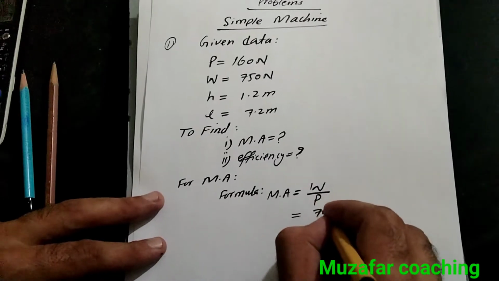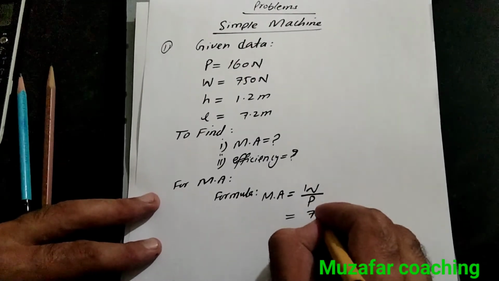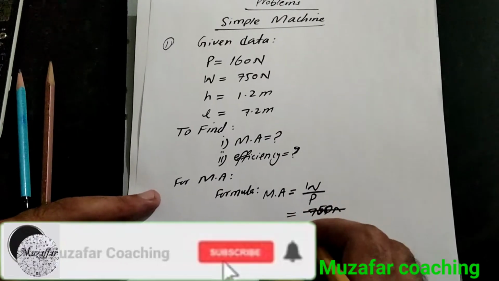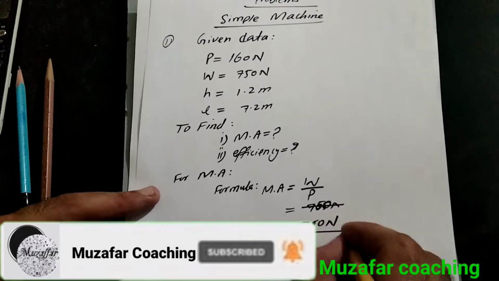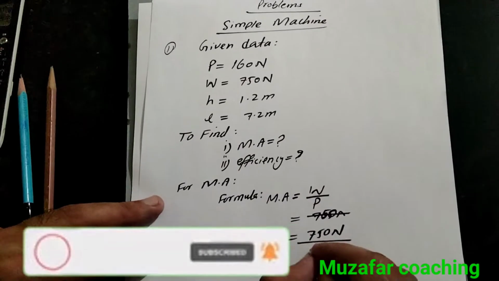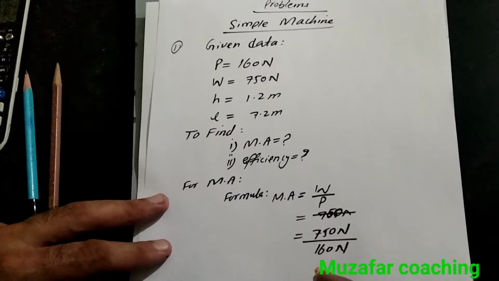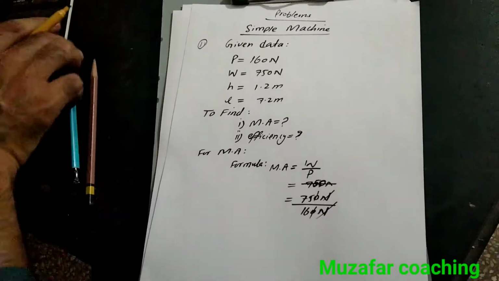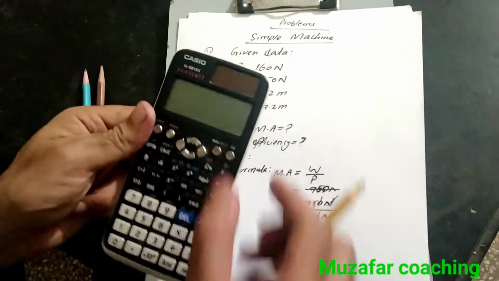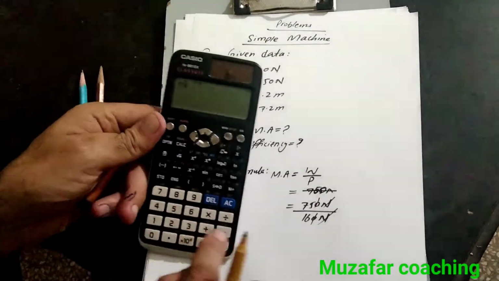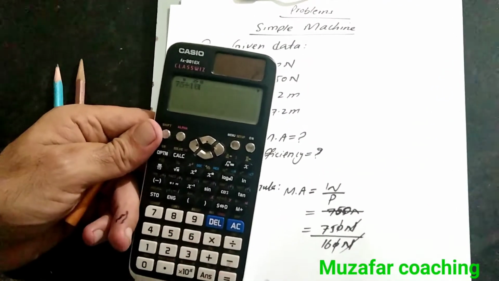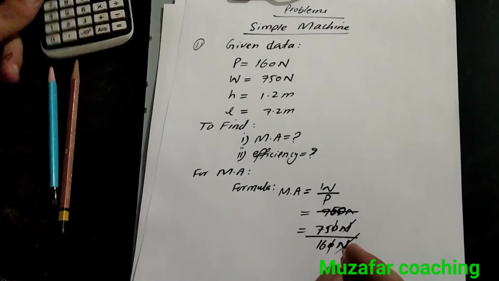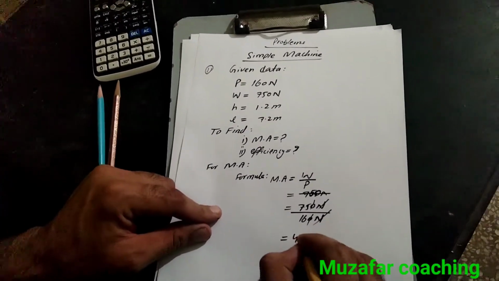W is 750 Newtons, and effort is 160 Newtons. So Newton will be cancelled with Newton, 0 will be cancelled with 0, and after calculating, 75 divided by 16, we get the answer, that is 4.7 after rounding off.